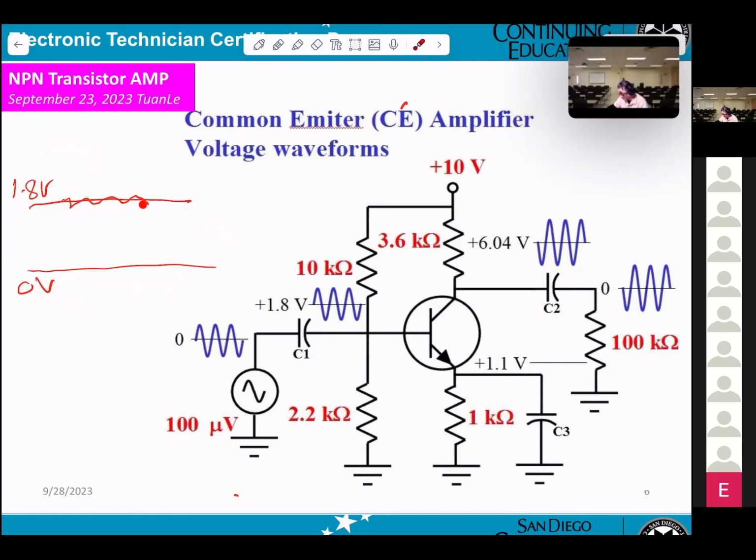Otherwise you cannot. The thing is that 1.8 volt is too big and this 100 microvolt is too small. How can we measure this small signal here? You have to stretch it out. No, I'm telling you, you're using an oscilloscope and I want you to measure that 100 microvolt here. Very small.